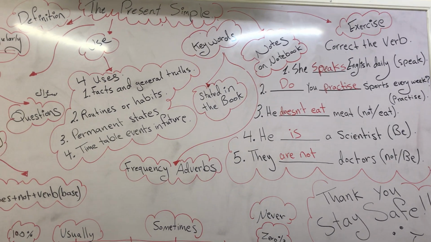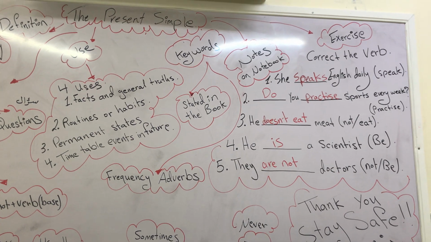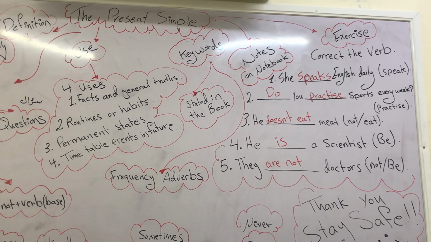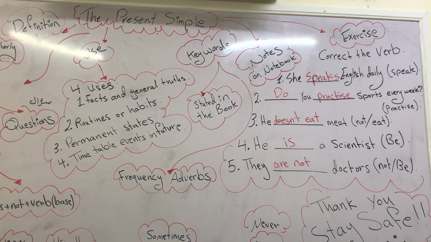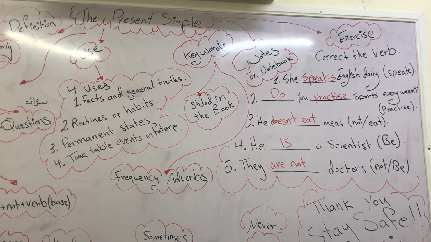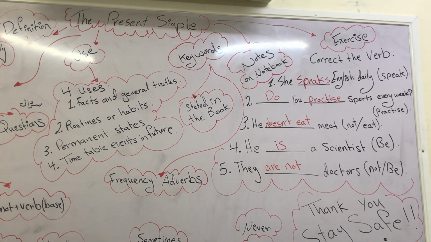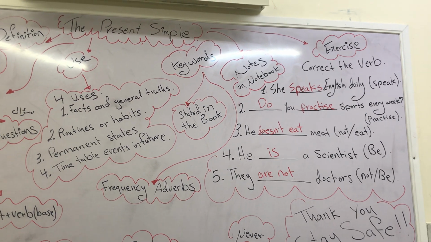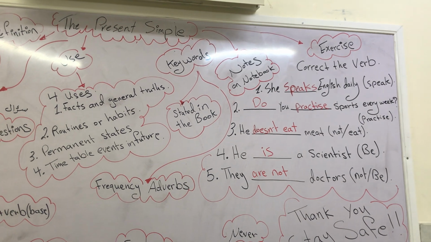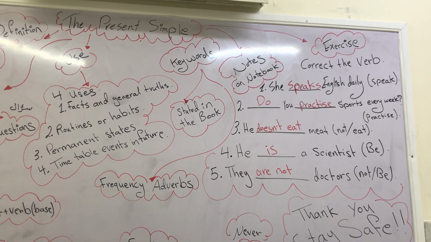So if I have she, it means that I have to add an s or es or ies regarding the last letter of our verb. And here it came as a k, so we just add s. So the sentence will become she speaks English daily.